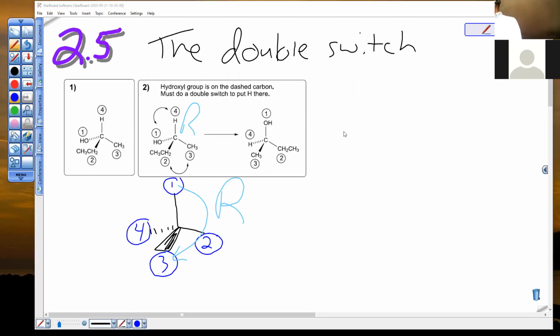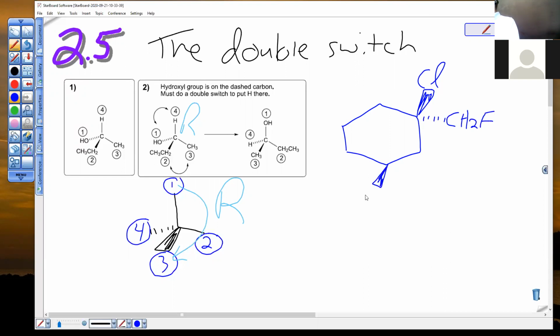Let's talk about a molecule like this. And I want the whole name of this molecule. Those don't have to be chlorines.